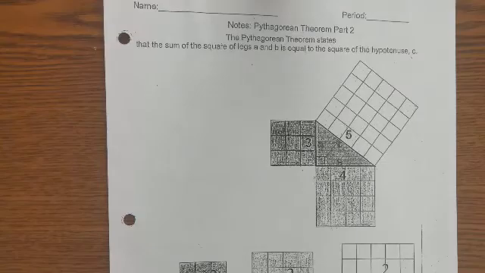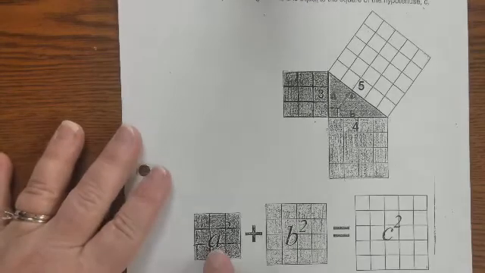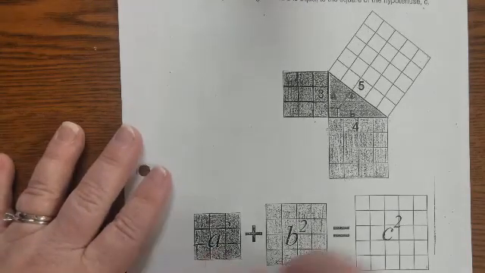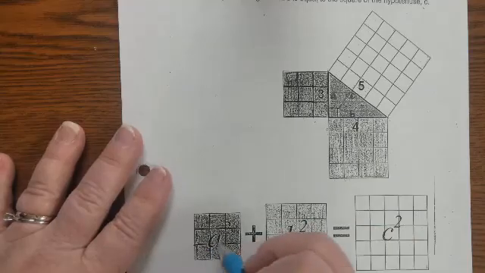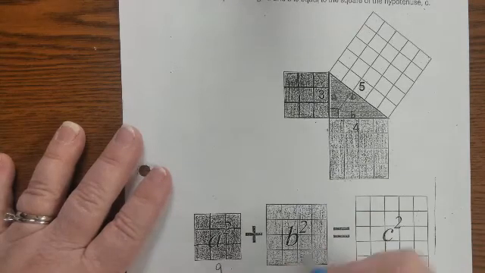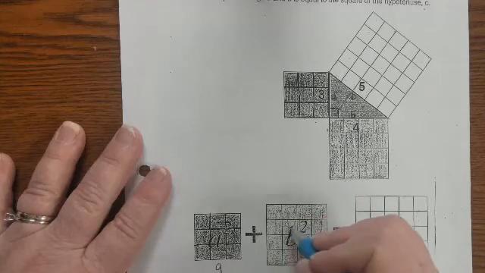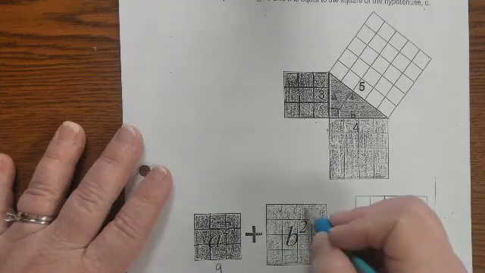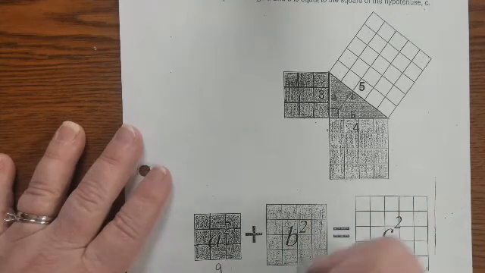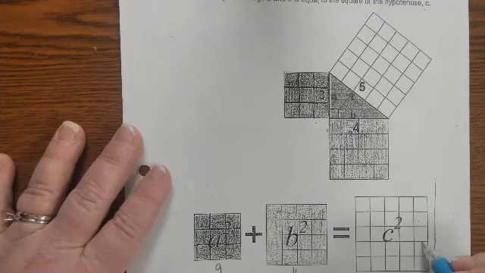So here we go. We've got a squared: 1, 2, 3, 4, 5, 6, 7, 8, 9. Plus b squared: 1 through 16, is equal to c squared, which I just said was 25.